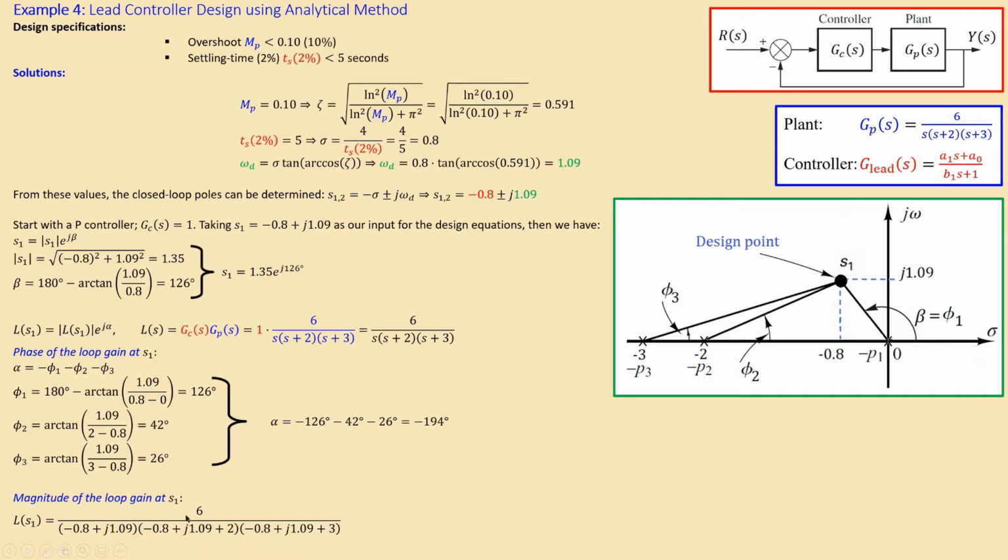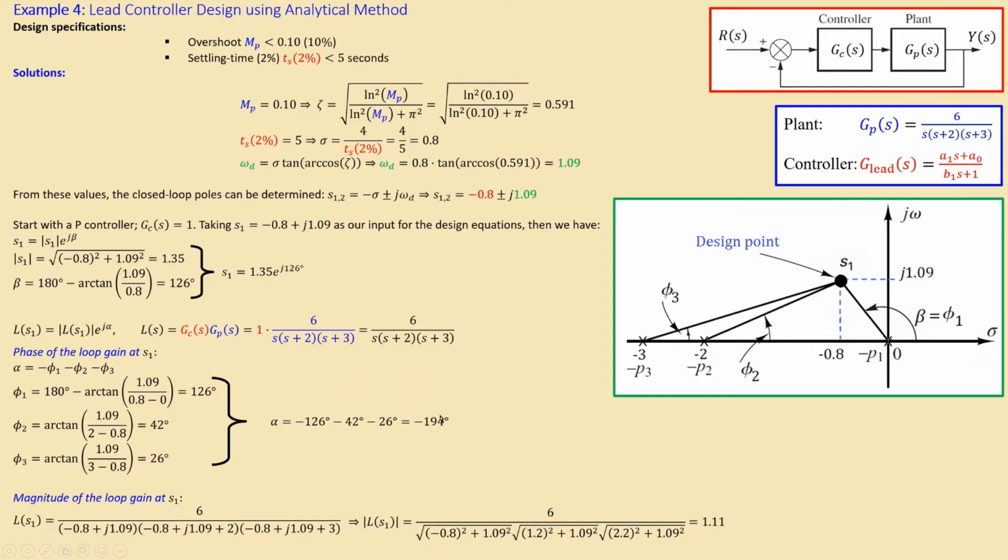I will now need to calculate the length of this one, which will give me the following expression. So it is 6 over the square root of the real part squared plus the imaginary part squared for the first term, for the second term, and also the third term in a similar form. And this will result in 1.11 approximately.